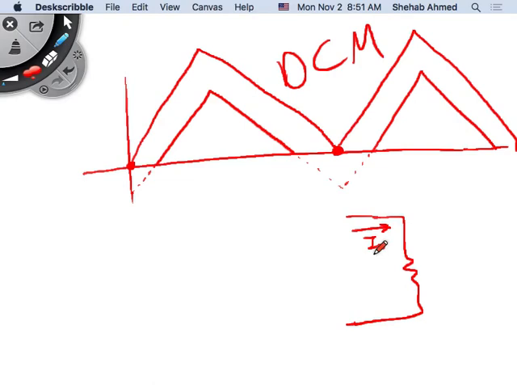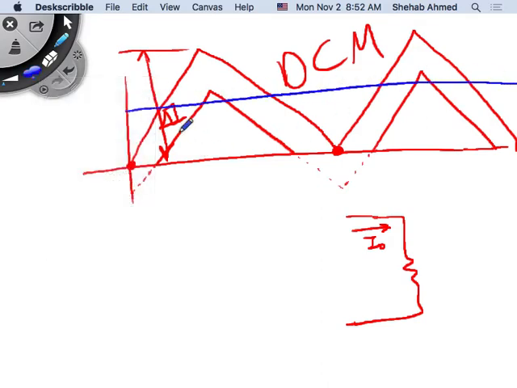So how would you make sure that your converter is not operating in discontinuous mode? Exactly, right? Because we said that this is my delta I. This delta I produces a certain value of average current. This delta I waveform 1 produces this waveform 1 average current.